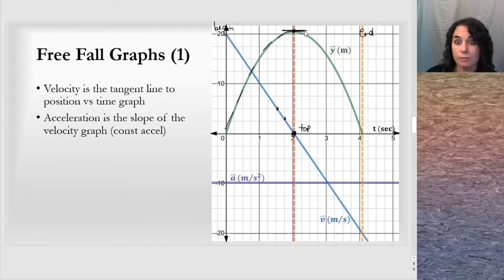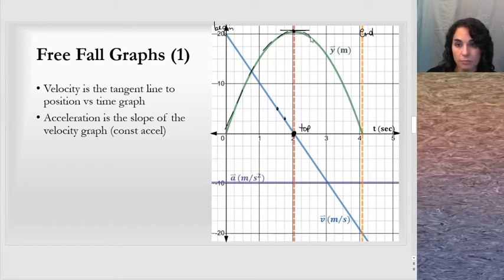And at the top, the tangent line is flat. There's no slope there, corresponding to a zero velocity at the top. Note that it has an acceleration the whole entire time, regardless what the velocity is, regardless what's happening in the motion. The acceleration is a constant value the whole time.